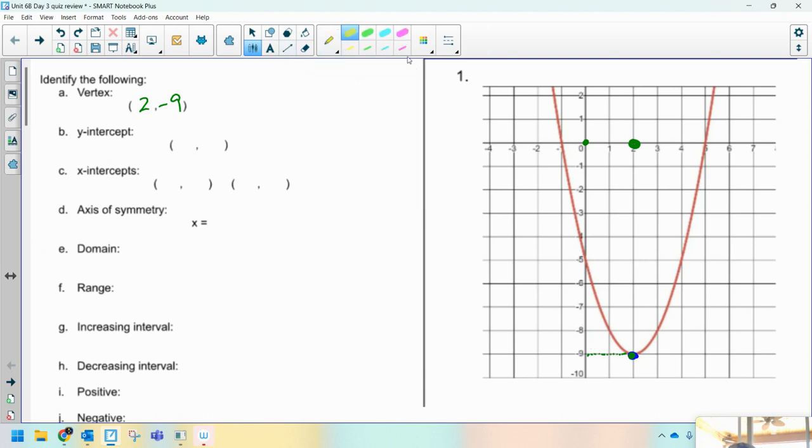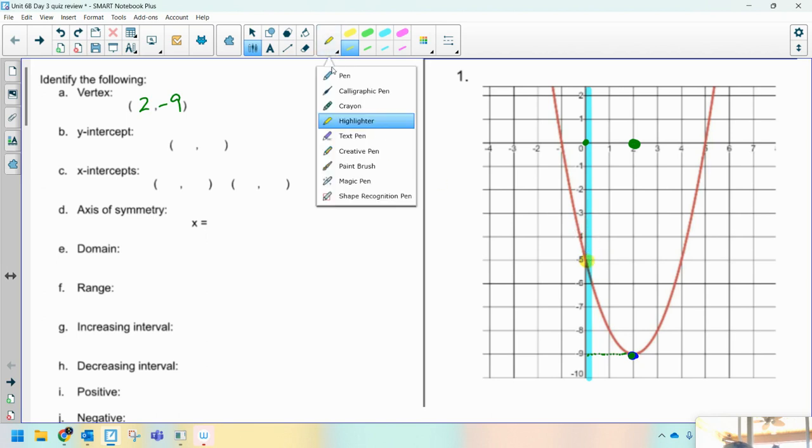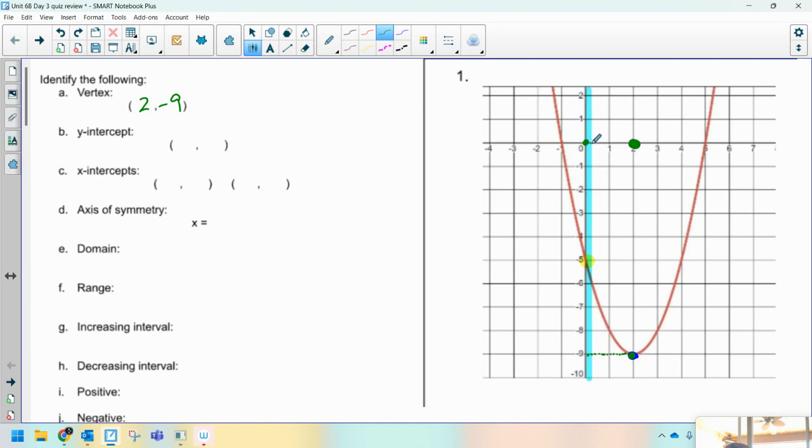Y-intercept. The y-intercept is where it touches the y-axis. This is the y-axis, the vertical line that goes up and down. Where does this red parabola touch the y-axis? Well, I believe that it touches the y-axis right there. That's negative 5, but we need it as a point. And how do we do a point?